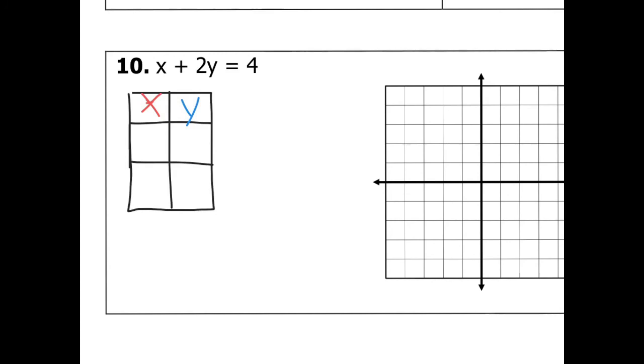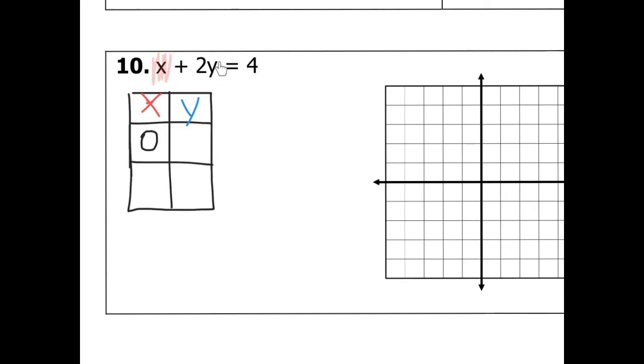So what we did when we were looking for the slope and trying to graph this is we were looking for what happens in our equation if we take our x, which is right here, out of the equation and replace it with a 0. What does that do for the solution of y?